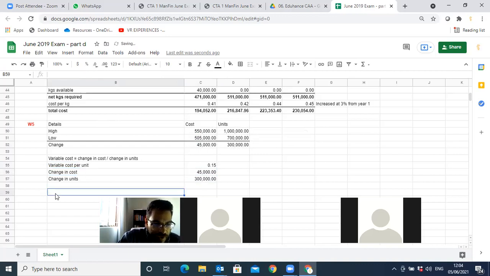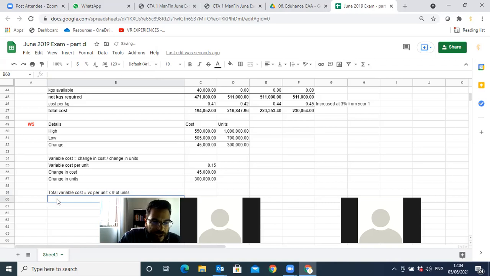So to get the total variable cost, it will be equal to variable costs per unit multiplied by number of units. So what's our number of units? 730,000.